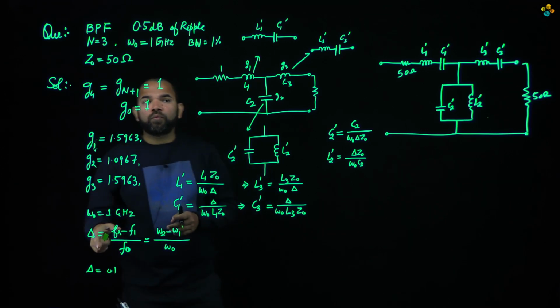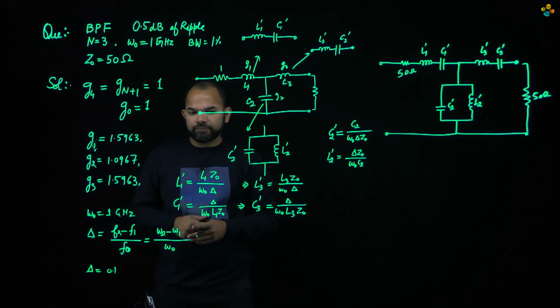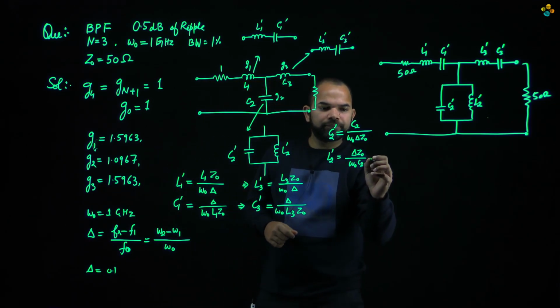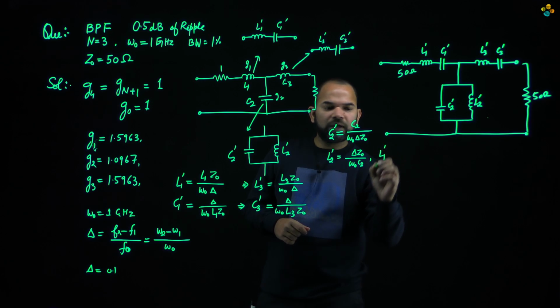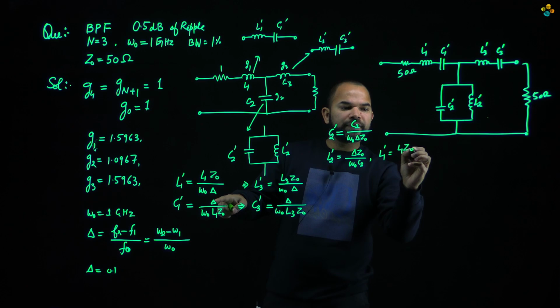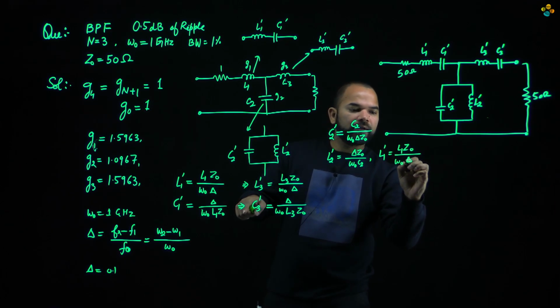Okay, then what else is left to calculate the value of L1? I think we have all the values. So L1 dash is equal to L1 Z naught divided by omega naught into delta.